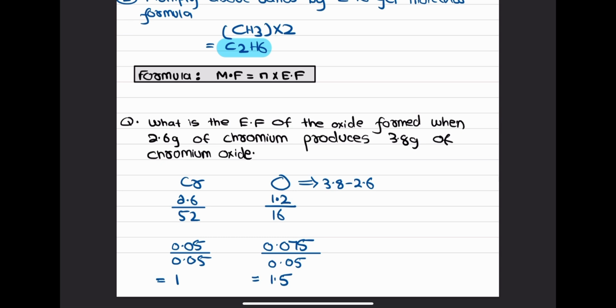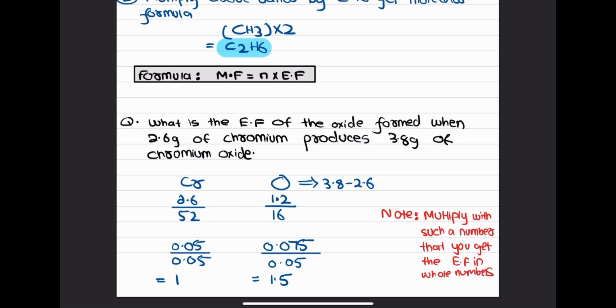So I'll write a note here. Multiply with such a number that you get the empirical formula in whole numbers.